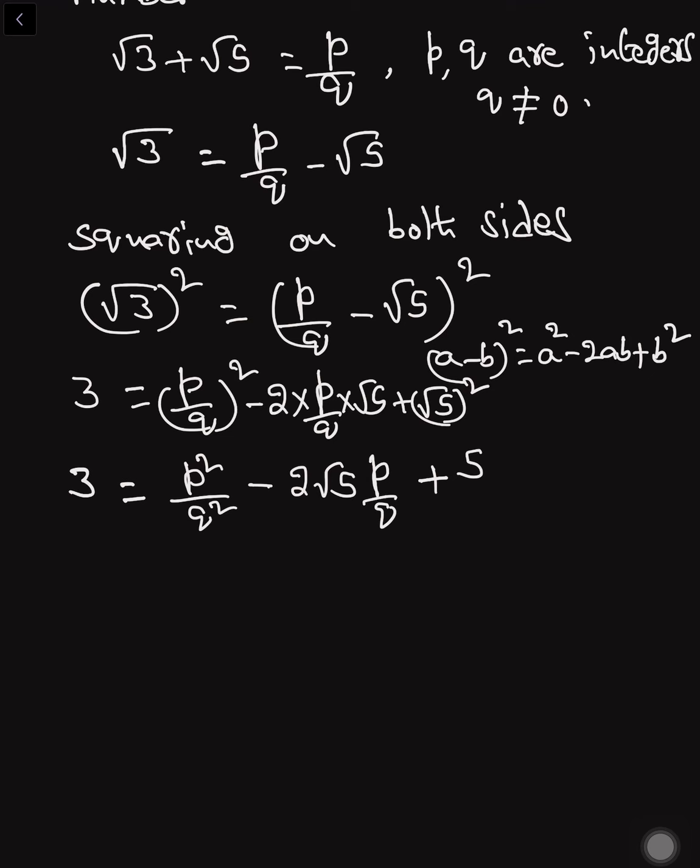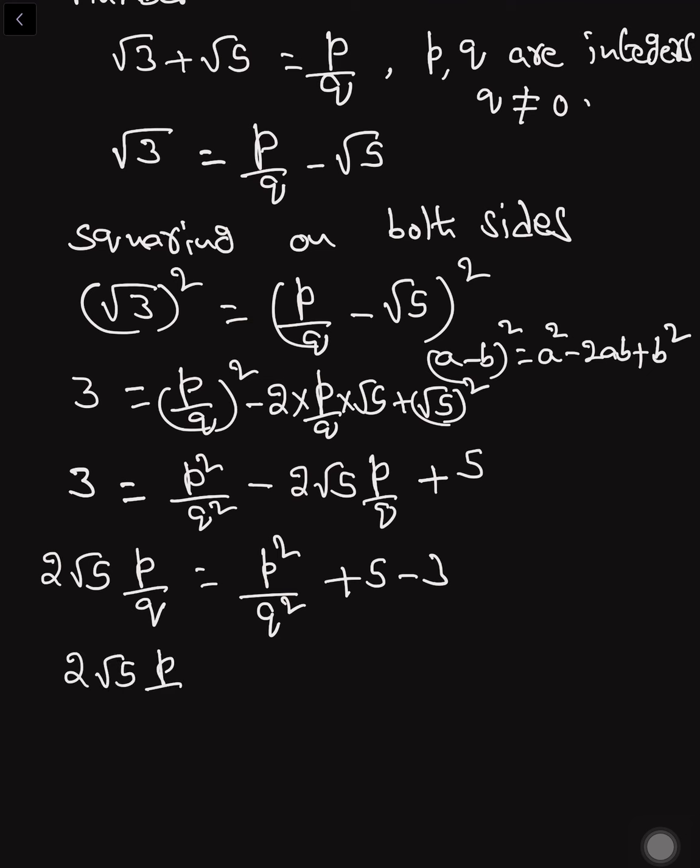Bring this minus 2 root 5 p by q to the LHS side. 2 root 5 p by q is equal to p square by q square plus 5 minus 3. 2 root 5 p by q is equal to p square by q square plus 2.